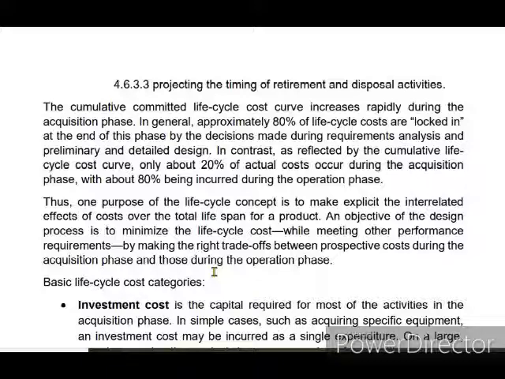So an objective of the design process is to minimize the life cycle cost while meeting other performance requirements by making the right trade-offs between prospective costs during the acquisition phase and those during the operation phase. So that's the objective. We have to make the right trade-offs or decisions.